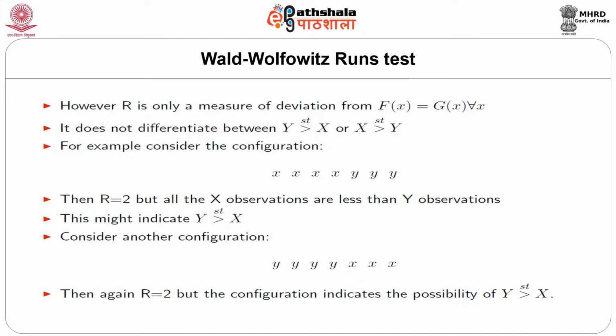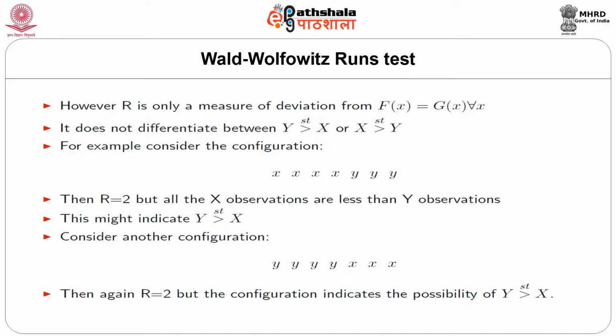For example, consider the configuration x, x, x, x, that is 4 x's in a row and then 3 y's in a row. Then the number of runs R in this case is 2, but all the X observations are less than Y observations.